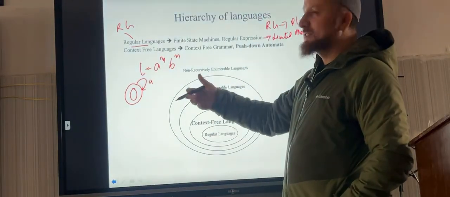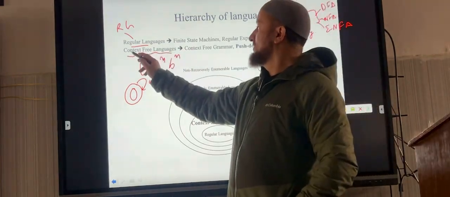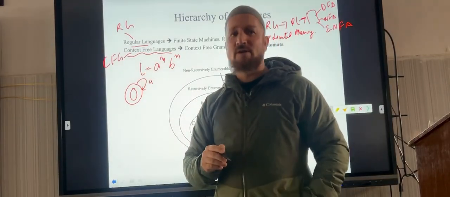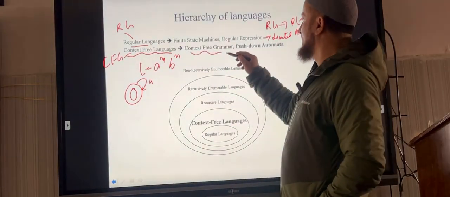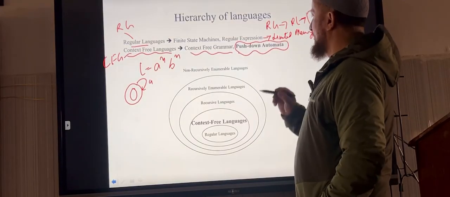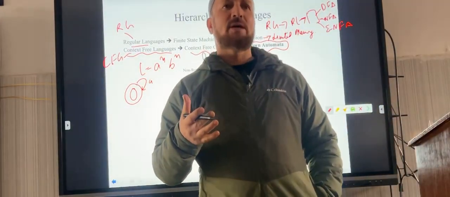So therefore we need something more powerful, right? So we said we have the context-free language, generated by context-free grammar. And this context-free grammar is accepted by the automata, which is the push-down automata, a more powerful automata, okay?